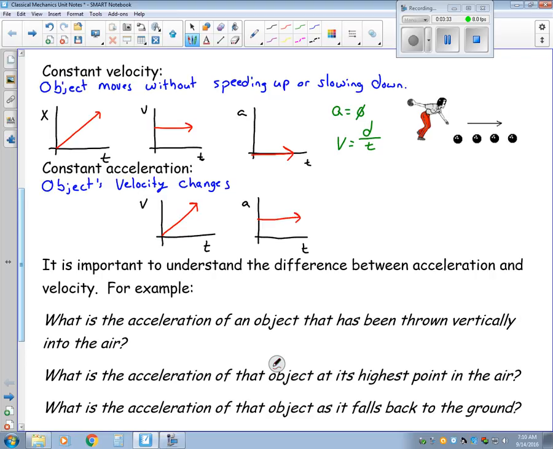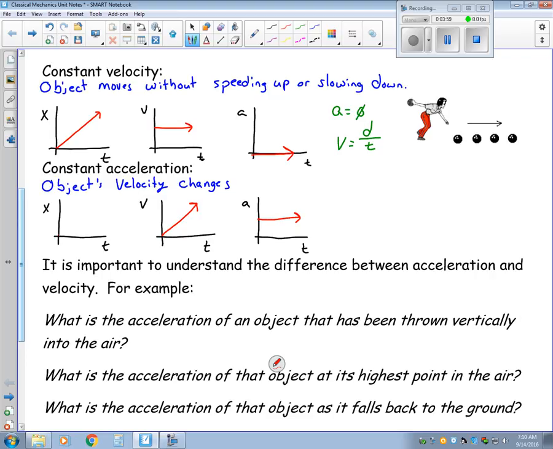Now, I haven't forgotten about the position graph, that's going to be a little different. At first, since the object is accelerating, it's not moving very quickly, so it's not covering very much ground. But as time passes, this object begins moving faster and faster and faster, and that causes it to cover more and more ground.